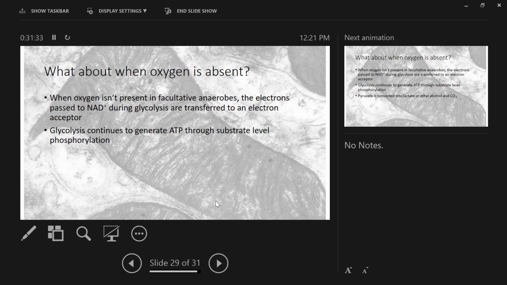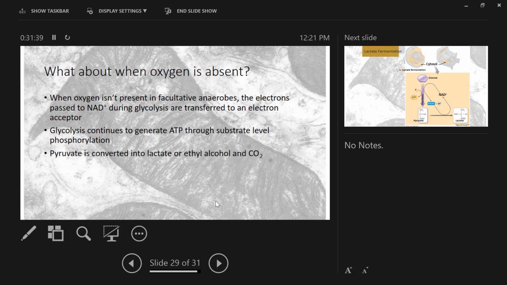Step 1 generates 2 ATP. That continues. And then pyruvate actually acts as an electron acceptor. So it gets reduced and gets converted into either lactate or into ethanol. In our cells, it gets converted into lactate. In a yeast cell, it gets converted into ethanol.